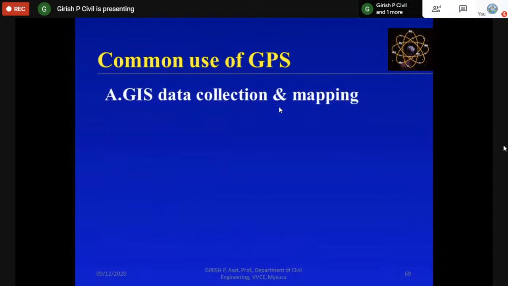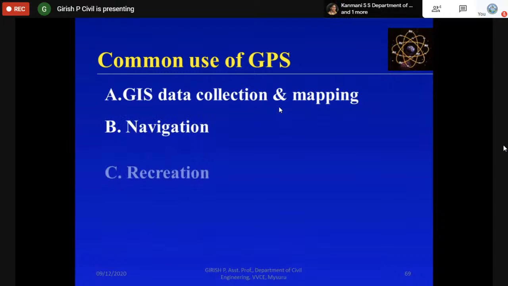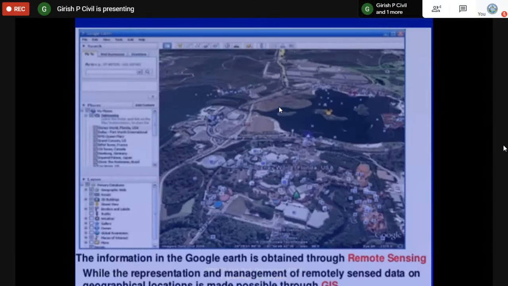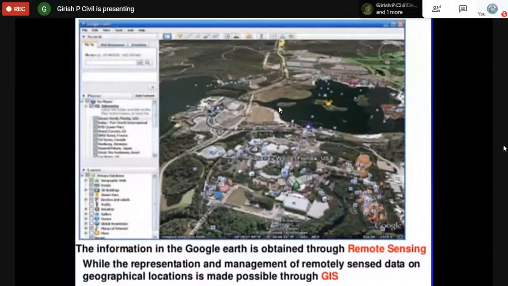The common uses of GPS are GIS data collection and mapping, navigation, and recreational purposes. The use of GPS always saves time and money, particularly in survey practices and the creation of maps. So these are about the GPS.